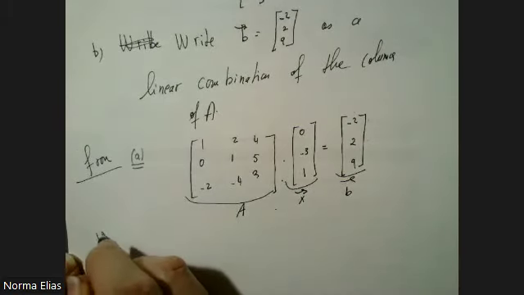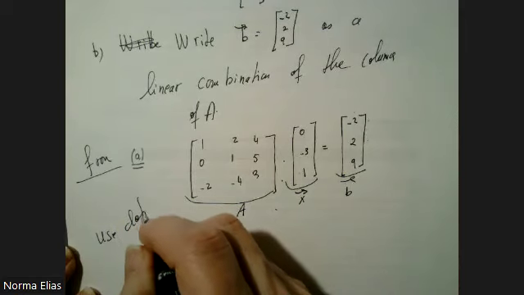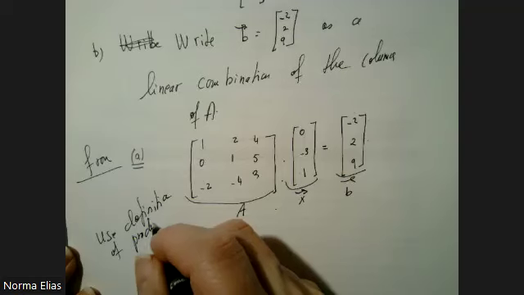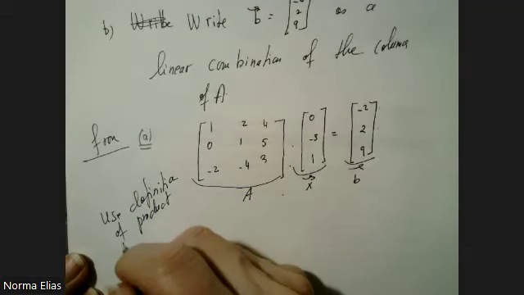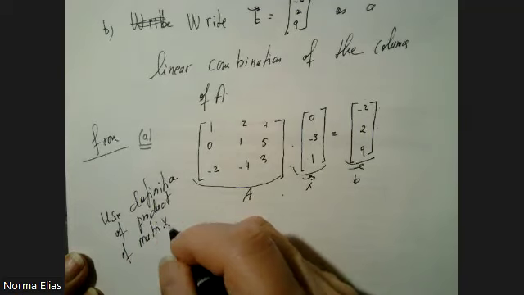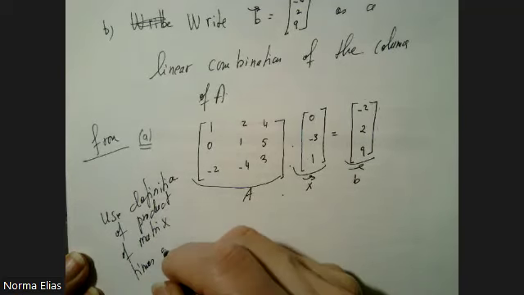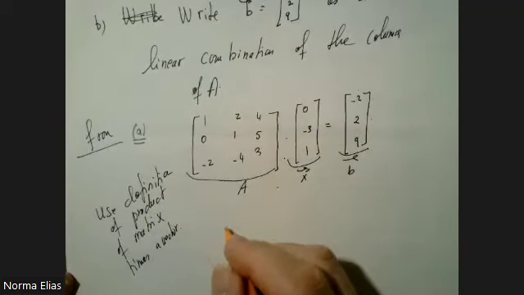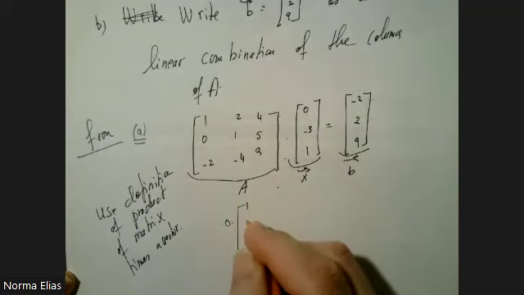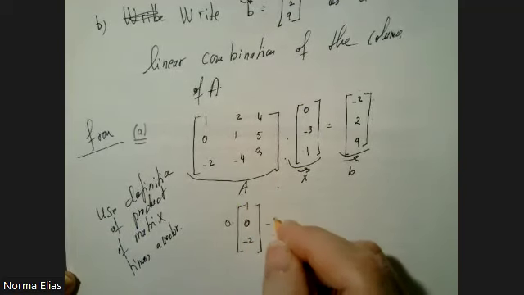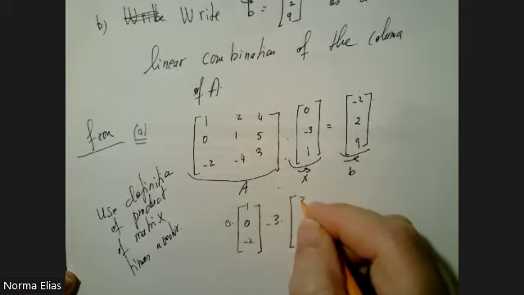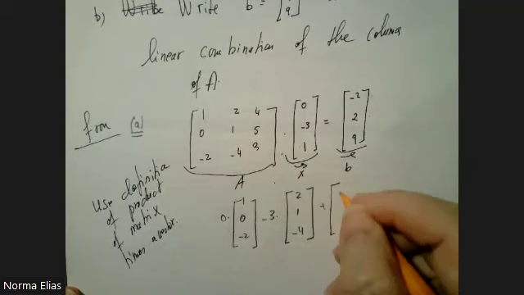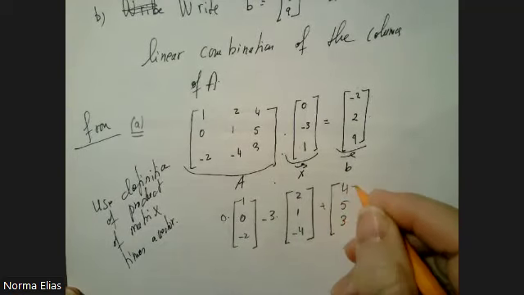So now if we use the definition of the product of a matrix times a vector, what does this tell me? What's the product? This tells me if you take 0 times the first one, minus 3 times 2, 1, minus 4, plus 1 times 4, 5, 3.